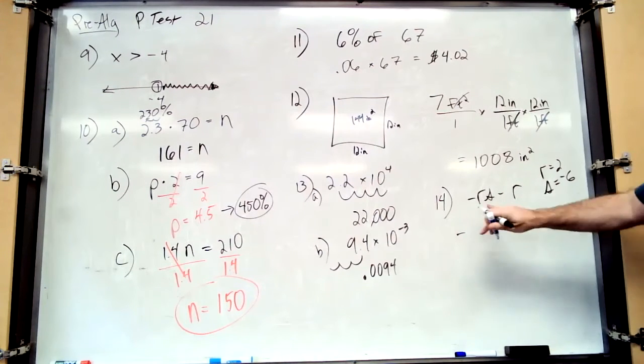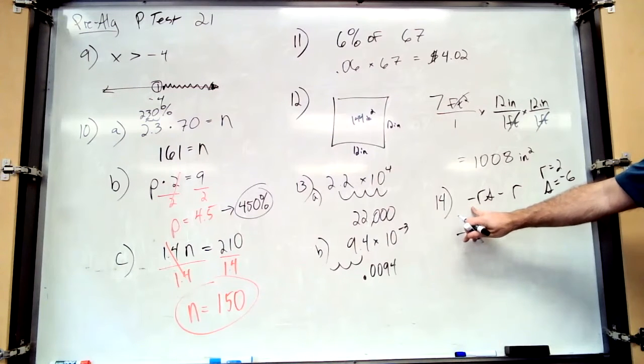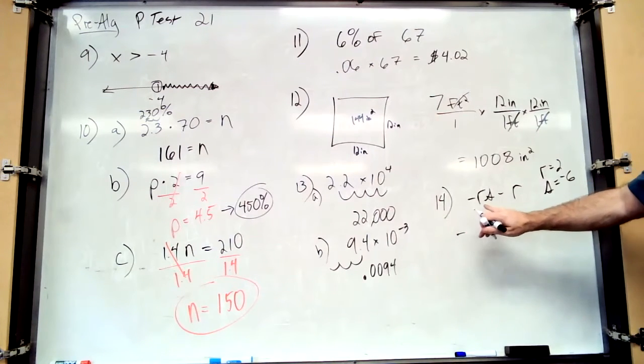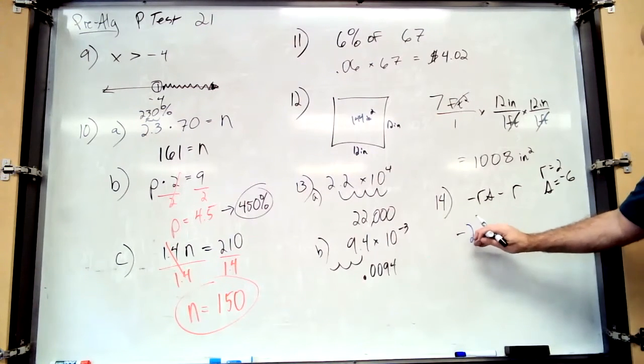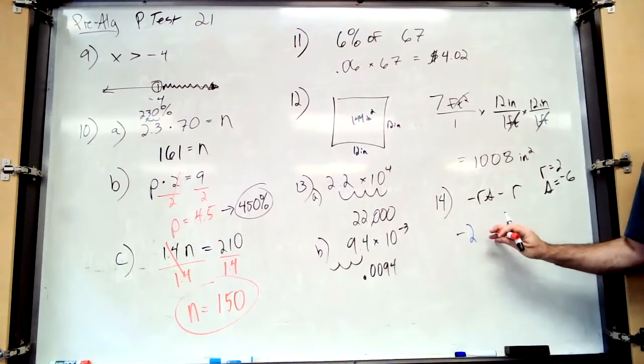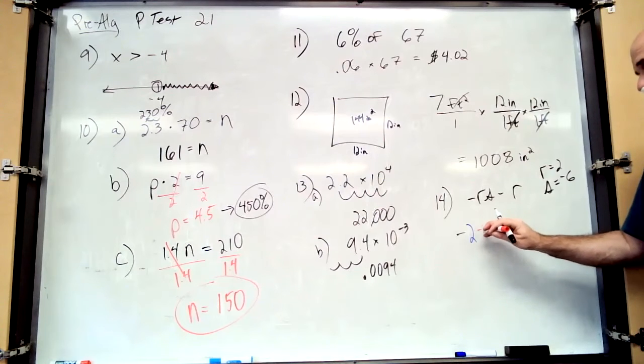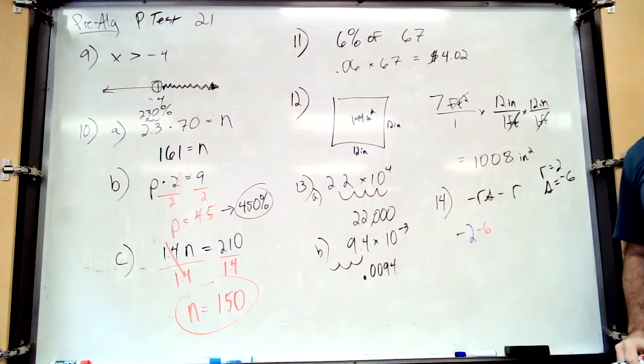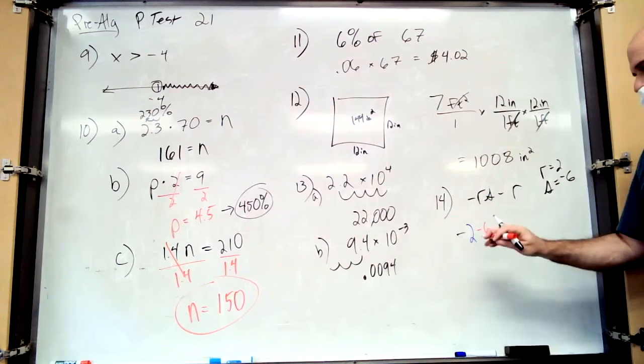R is 2. So this negative sign, we're going to leave that negative. We're going to leave all the symbols there. We're just replacing R's with 2 and S's with negative 6. So don't do this, because that looks like minus 6, doesn't it?